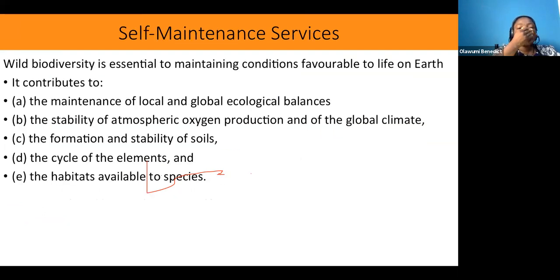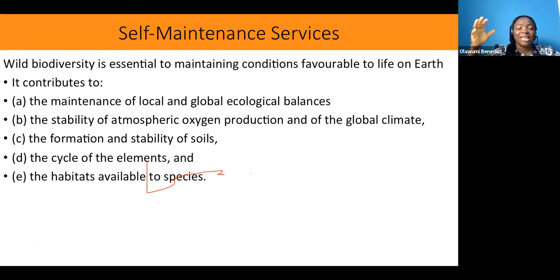So we look at the self-maintenance services. When we're talking about self-maintenance services, we want to look at wild biodiversity and what it does for us. Wild biodiversity is essential to maintaining conditions favorable to life on earth.